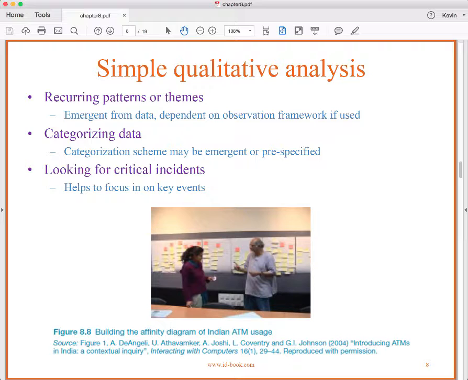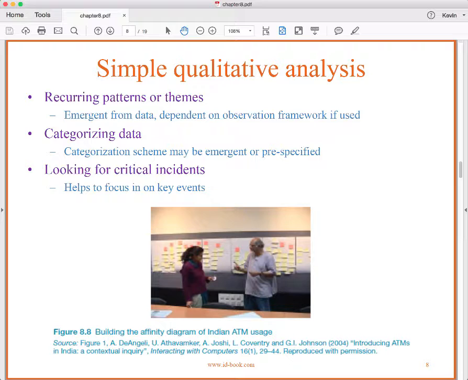And of course, it's the qualitative stuff that's pretty important for social science research, of which human-computer interaction is one of the important practice areas that we are interested in.